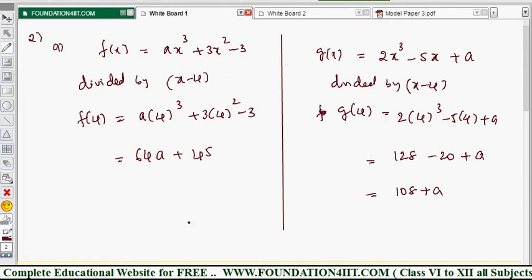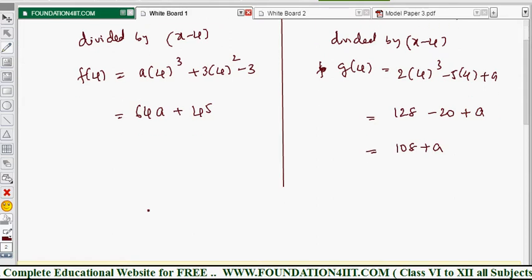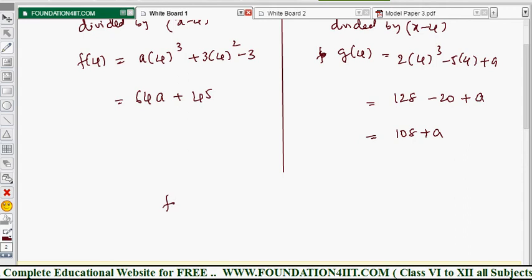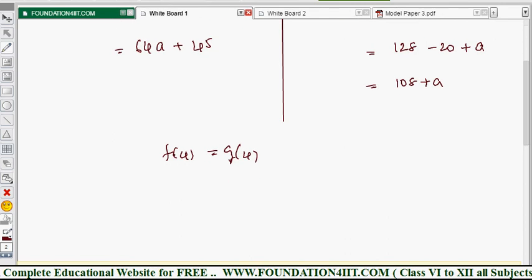Now according to the question, they leave the same remainder. Same remainder means f of 4 is equal to g of 4. So taking the first equation and second equation, 64a plus 45 is equal to 108 plus a.